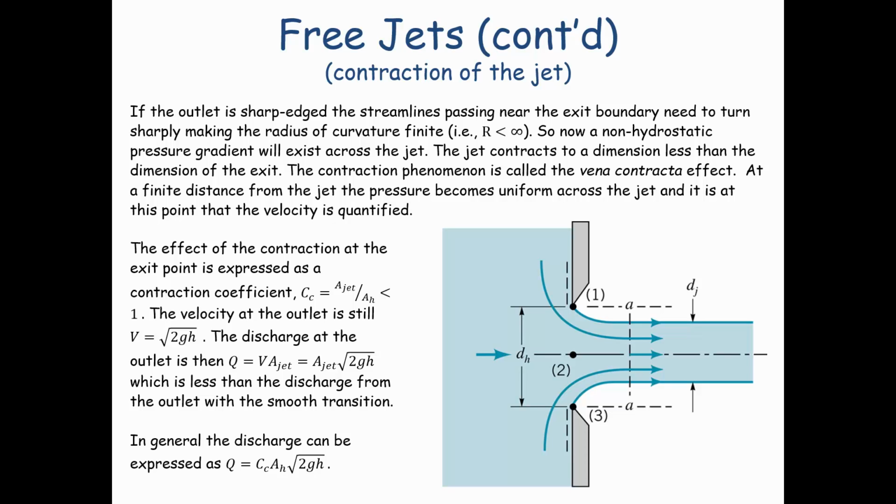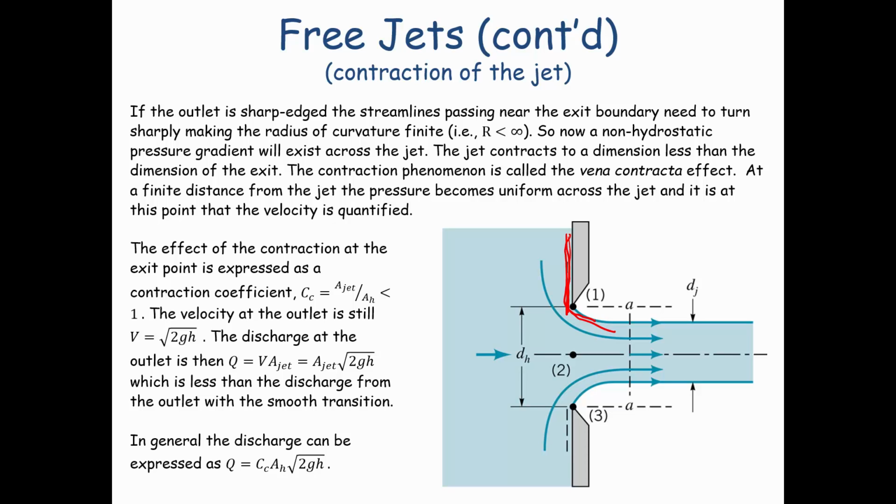Now, in reality, what happens is that the streamlines are not straight coming out of the jet, and this slide shows that. Focusing on this jet, we've got a sharp edge opening, and the streamlines have to pass around this corner. Because of the velocity as it approaches that corner, it requires a great deal of force to curve the streamline around that corner.